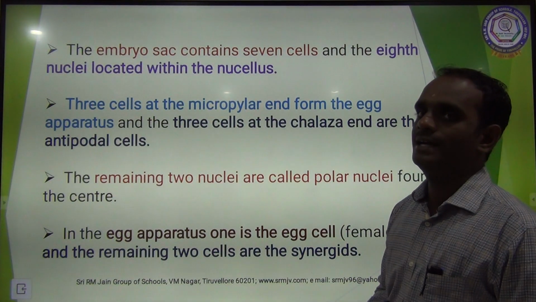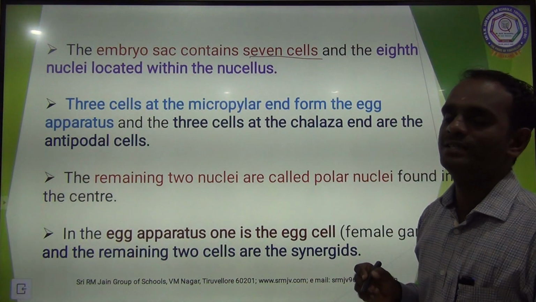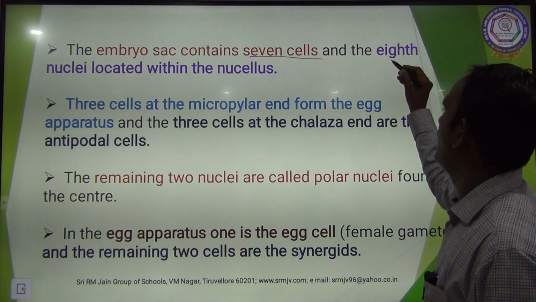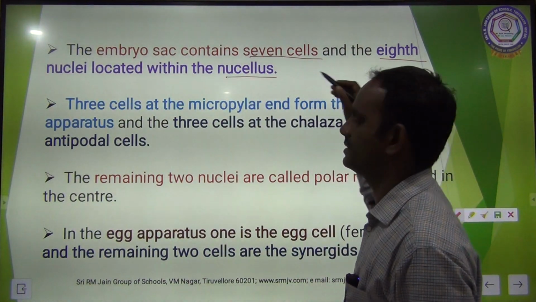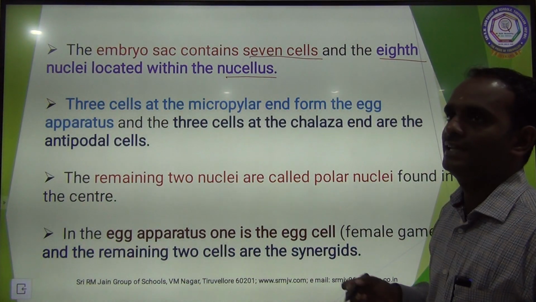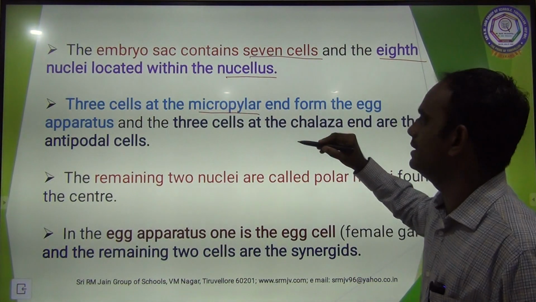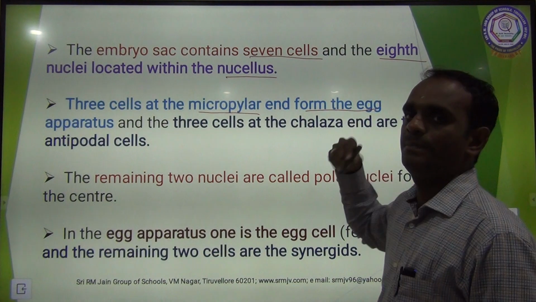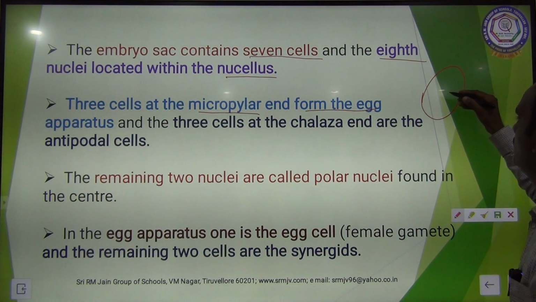The embryo sac contains 7 cells. How many cells? 7 cells, and 8 nuclei located within the nucellus. 3 cells at the micropylar end form the egg apparatus. See here, think that it is the nucellus.